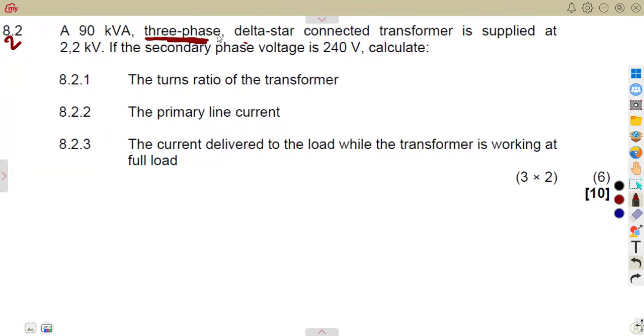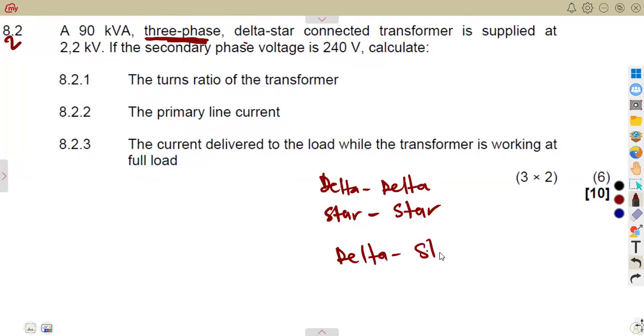So considering that it's a three-phase, there are different connections. We can have a delta connected to a delta, a star to a star, a delta connected to a star, or a star to a delta. There are different connections that you might be given. So when answering this question, understand how the connections are.